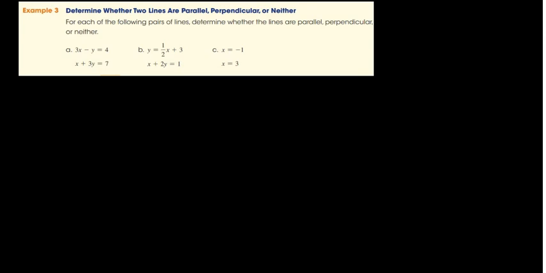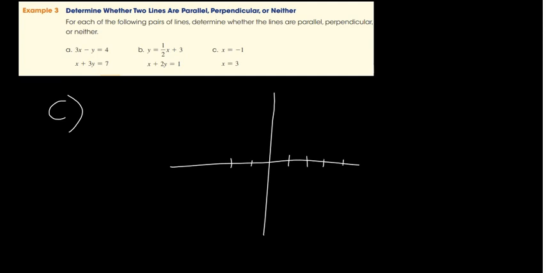C, x equals -1, well, that's a vertical line at -1, and x equals 3 is a vertical line at 3. So if you forgot, we have 1, 2, 3, 4, 1, 2, 3, 4, right? So at x equals -1, we have a vertical line, right? This is x is equal to -1.